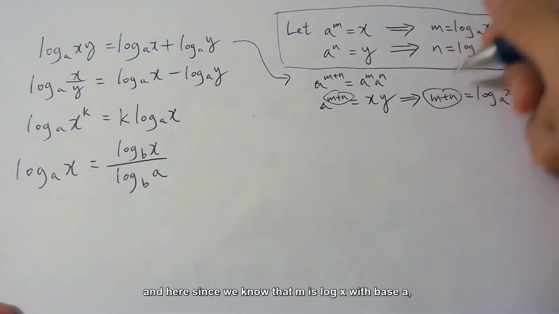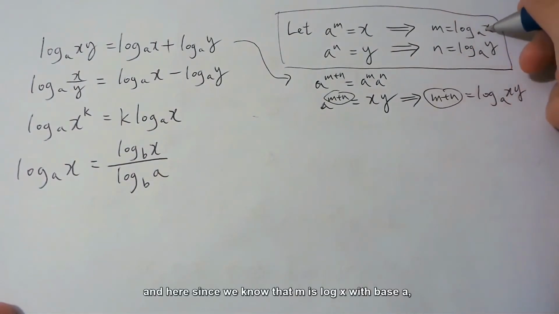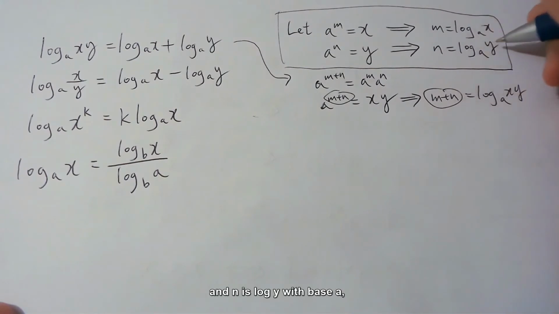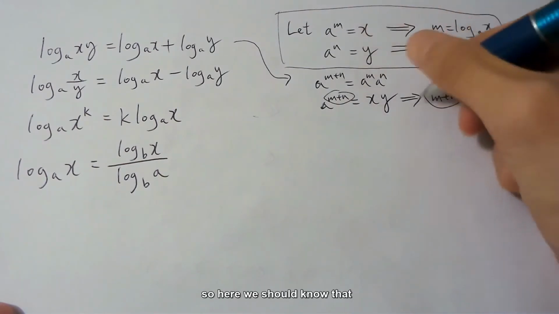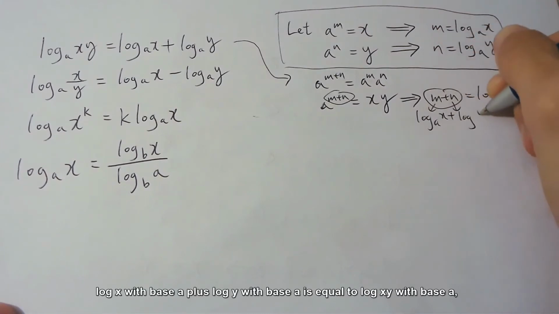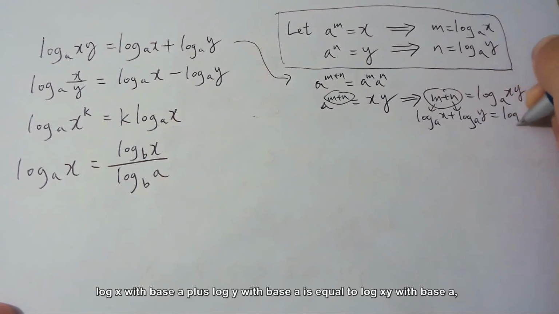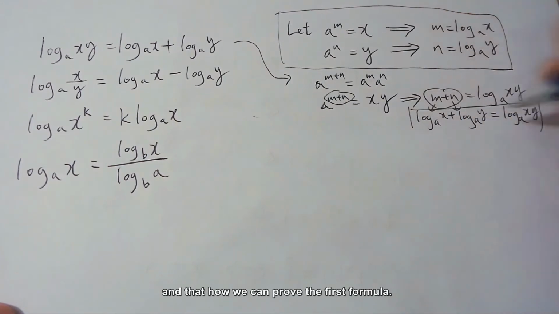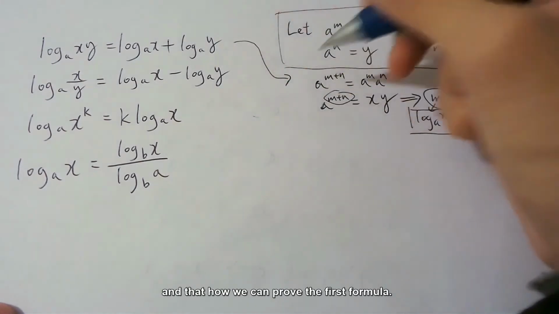Since m is log x with base a and n is log y with base a, log x with base a plus log y with base a is equal to log xy with base a. And that's how we can prove the first formula.